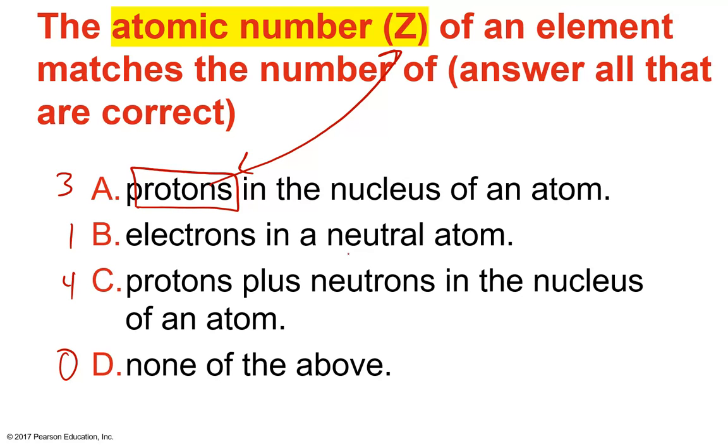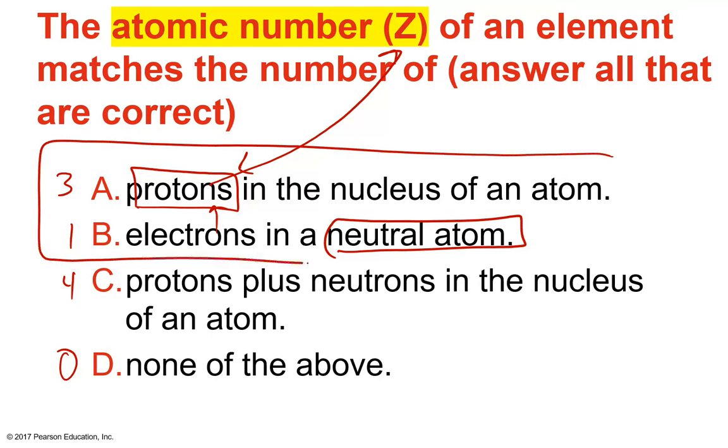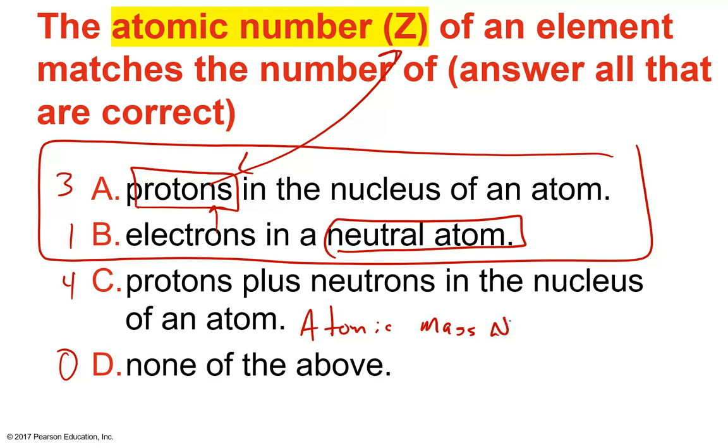But if it's neutral, then the number of electrons is equal to the number of protons. Tricky. So those 2 were correct. 4 people said protons plus neutrons in the nucleus. That's a different thing. What do we call the protons plus neutrons? Mass. Yes, that's the atomic mass number.